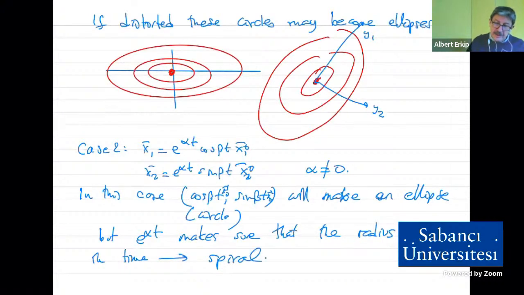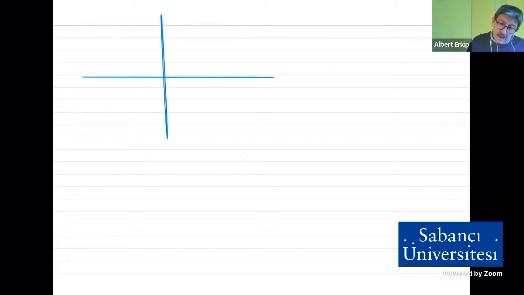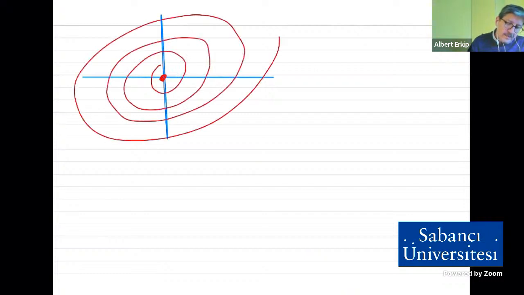And you could have pictures like this. Now again, 0, 0 is a fixed point. So we could have pictures like this, spiraling around the origin.